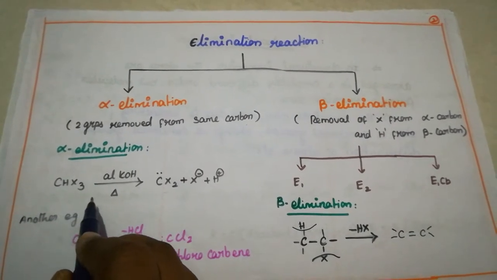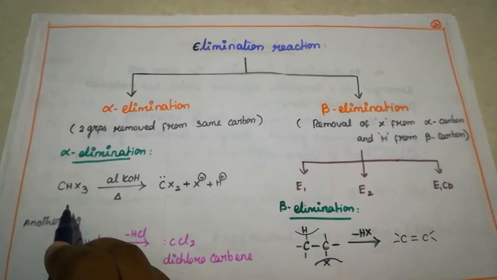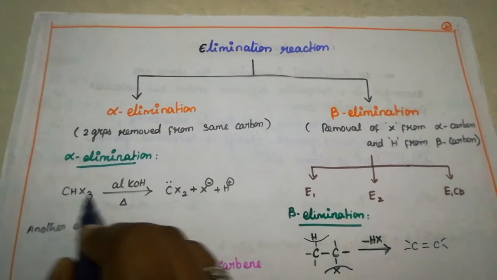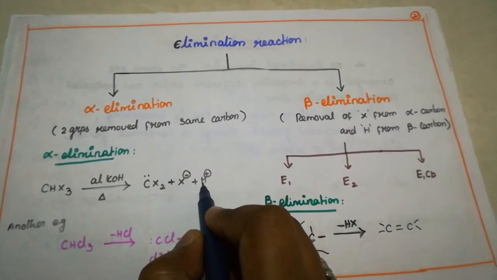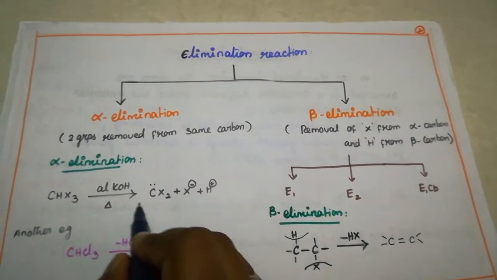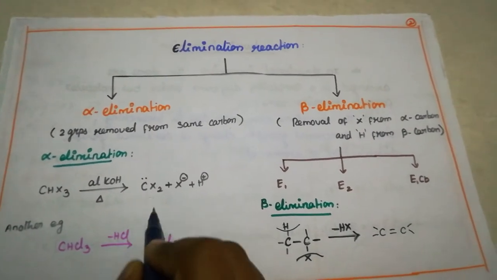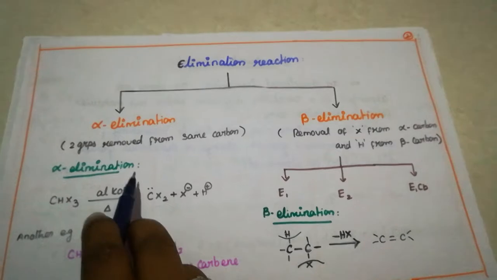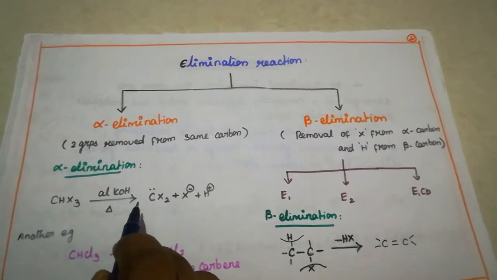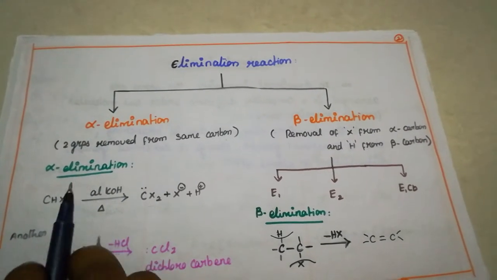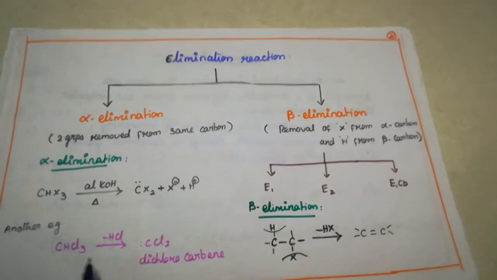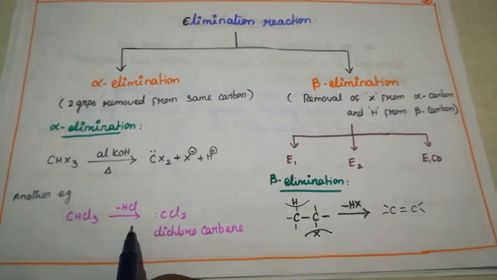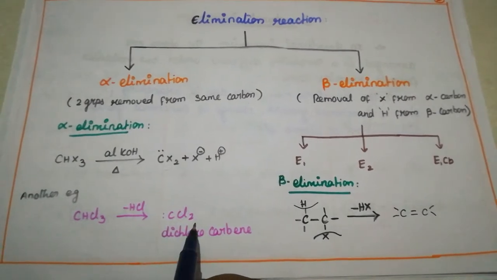I am going to eliminate two groups from this carbon. They are X minus and H plus. We will get the product as dihalide. From those reactions, we will get geminal dihalide, geminal trihalide type of products. This is another example of this alpha elimination reaction.